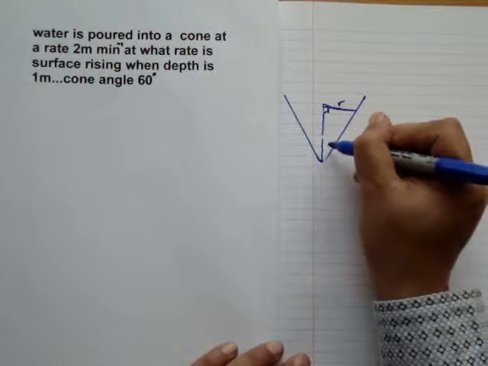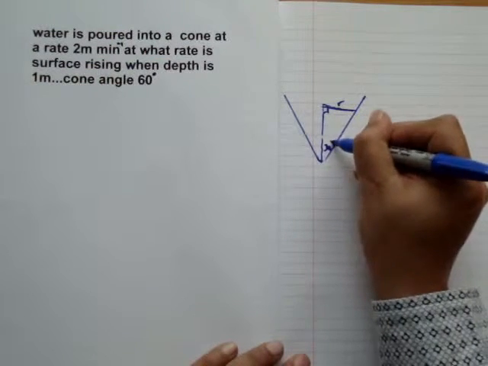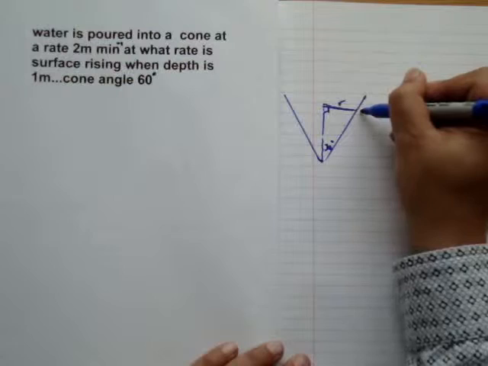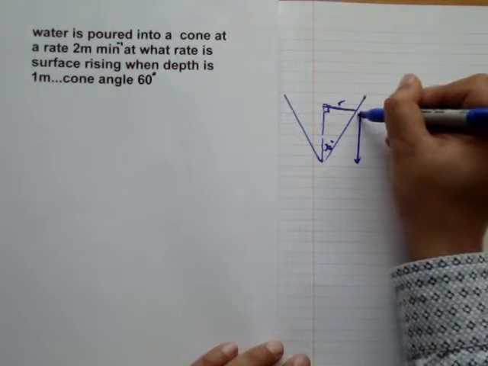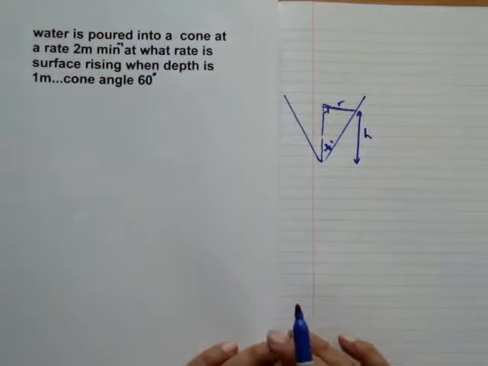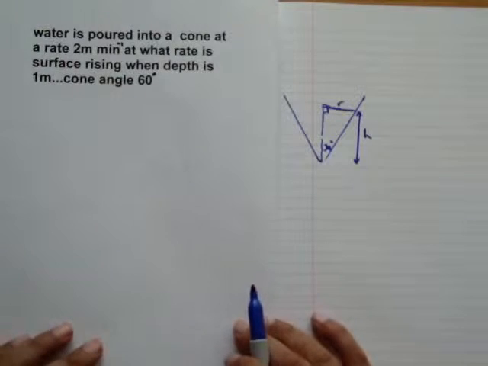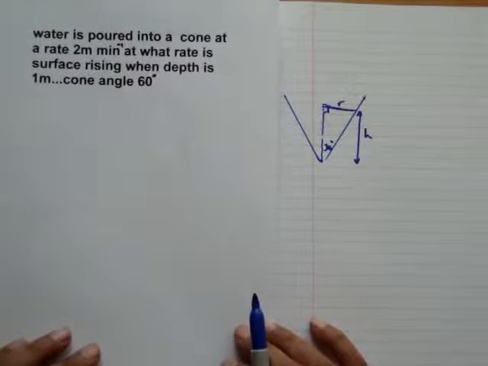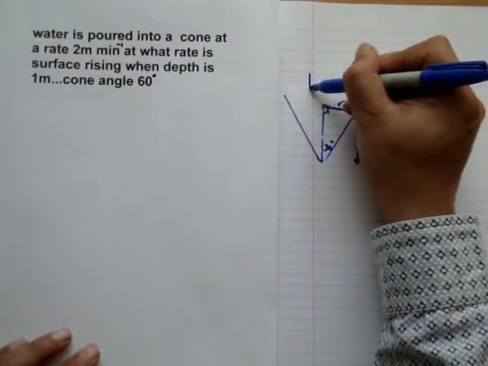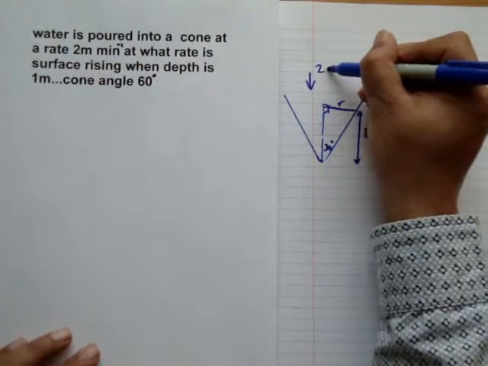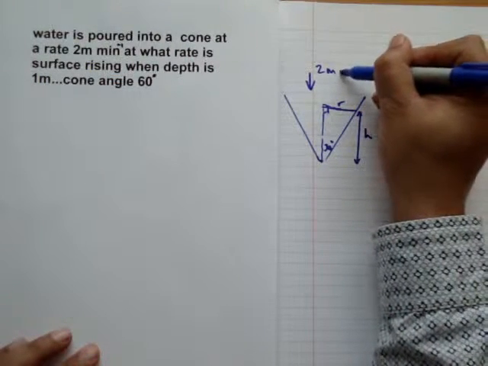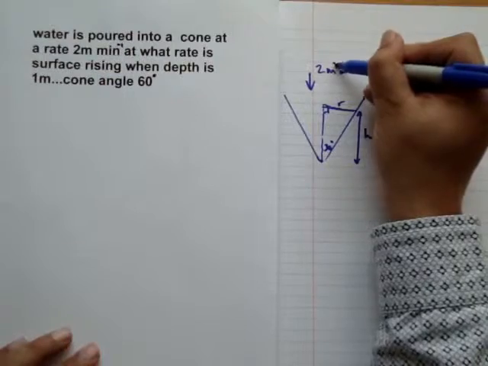And this whole thing was 60 degrees, so this is 30 degrees. And this is H. And the water is being poured in at a rate of 2 meters cubed per minute.